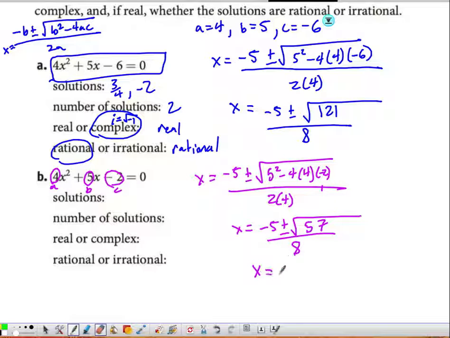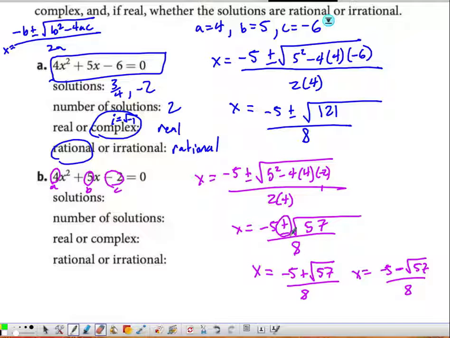So my two solutions are -5, and notice 57 is not a perfect square, so I'm just going to leave it as the square root of 57 since I can't simplify it any further. And then my other solution is x equals -5 minus square root of 57 over 8.